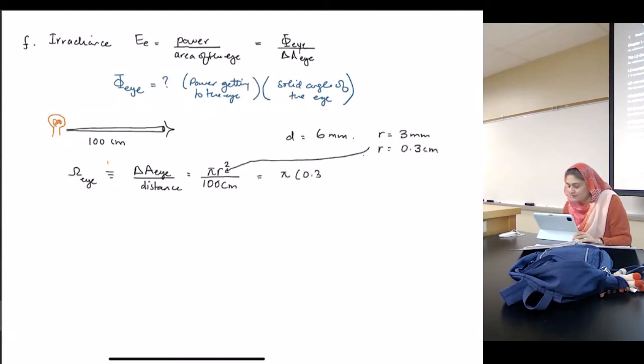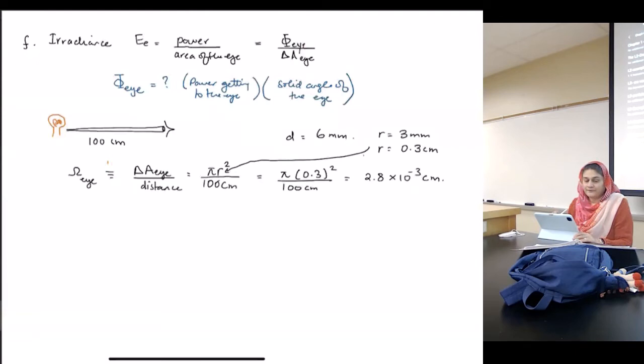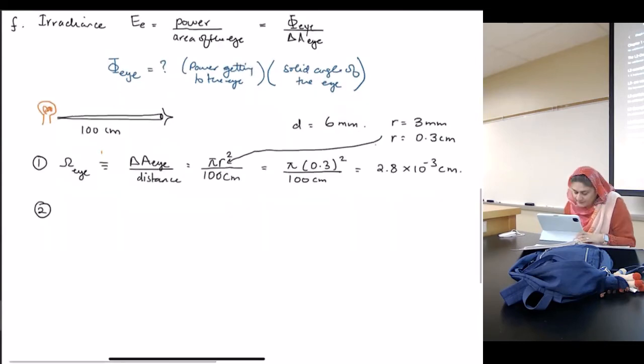Pi 0.3 squared divided by 100 centimeters. 2.827 times 10 to the negative third centimeters. So that gives me the solid angle of the eye. So that's one part done. Number 2, the power getting into the eye.